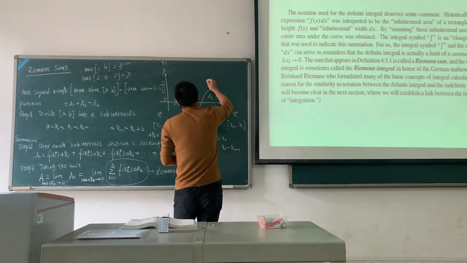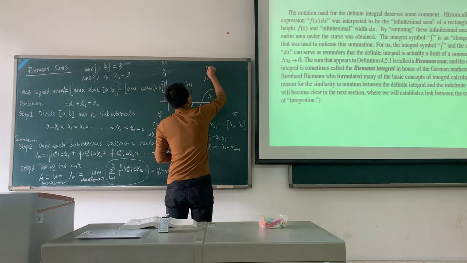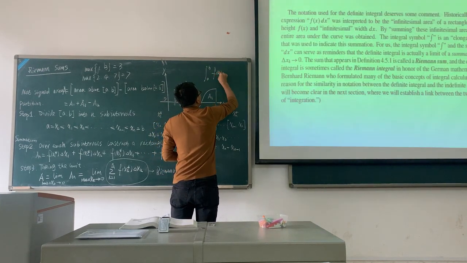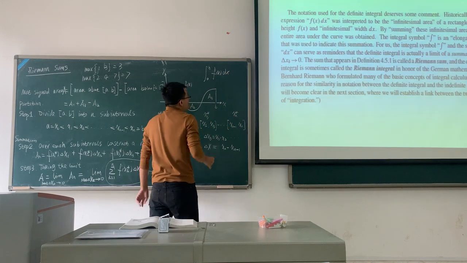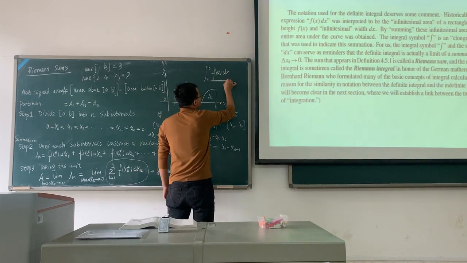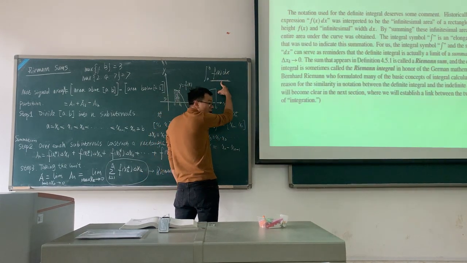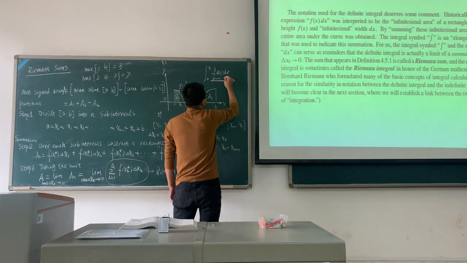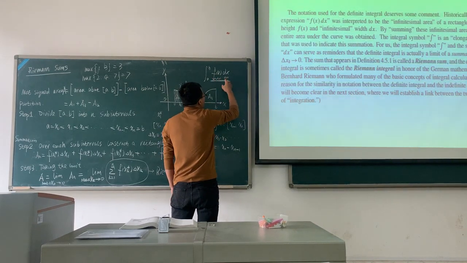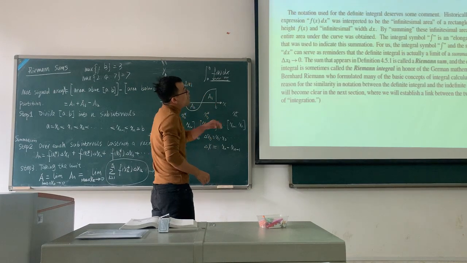So here from a to b, f(x) dx is the area of a rectangle. This is the height, and this is the width.